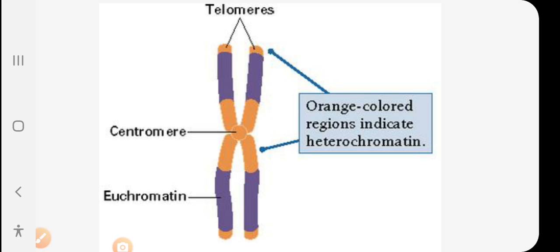If we inactivate the telomerase enzyme, what will happen? The telomere length becomes very short, and the cell will stop dividing after a few divisions. So cancer automatically stops there. So telomerase and telomeres are used to treat cancer. It is a very, very important thing.